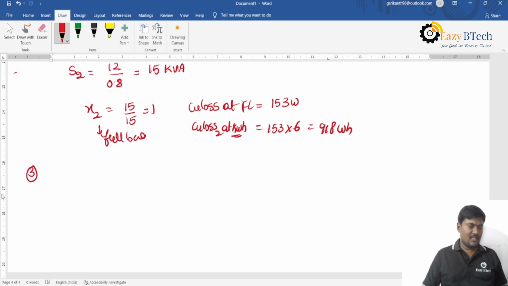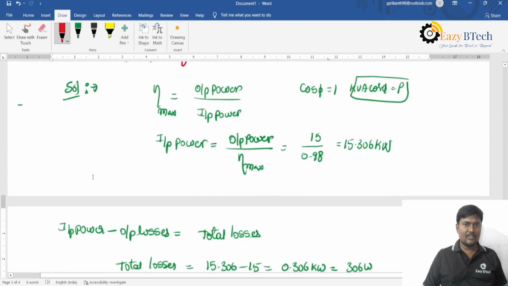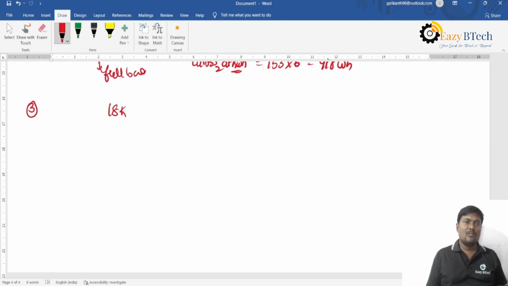And the third one is another 6 hours, 18 kilowatts at 0.8 power factor.